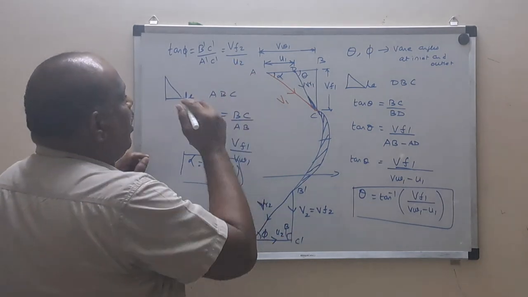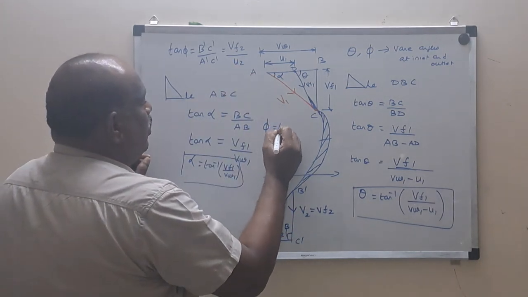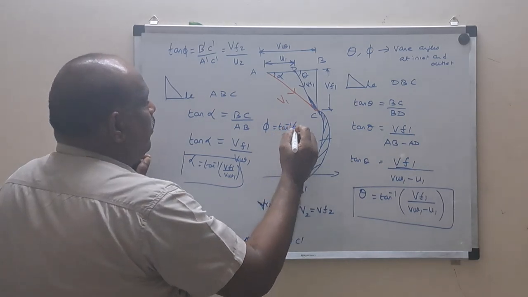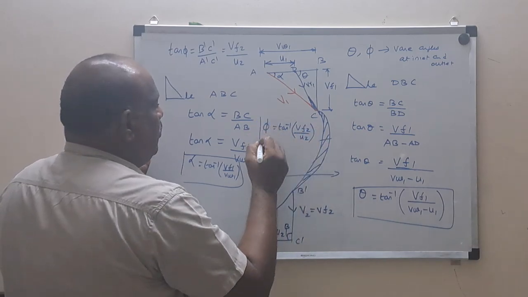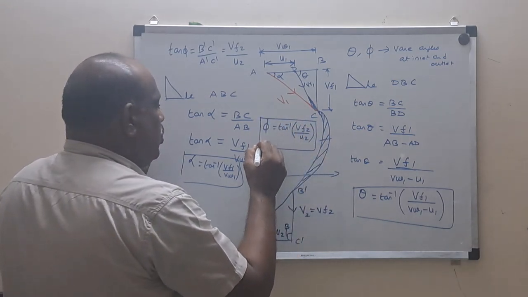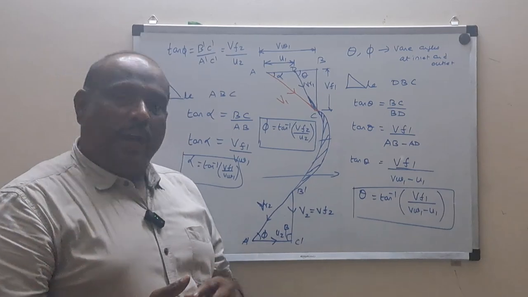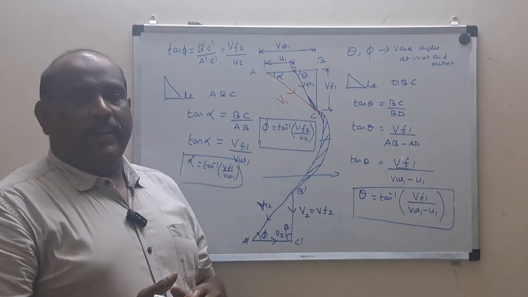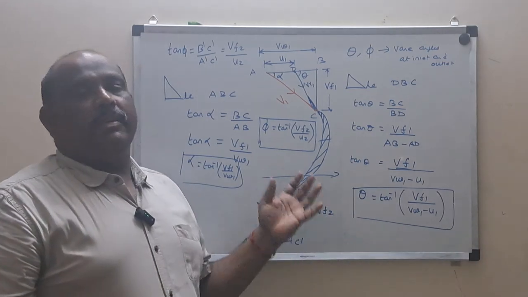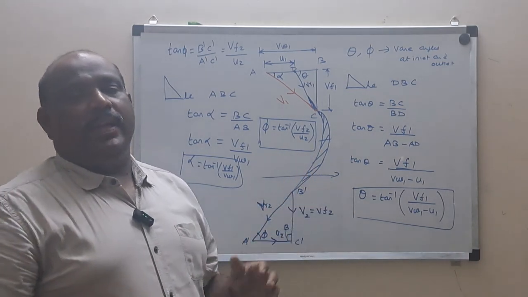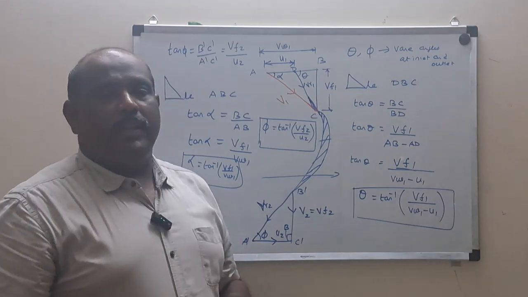So phi will be equal to tan inverse of VF2 by U2. So we'll be in a position to calculate alpha, theta, phi. There's no need to find beta because beta is already 90 degrees. These values will also be useful to find the efficiency and other terms given in the problem.